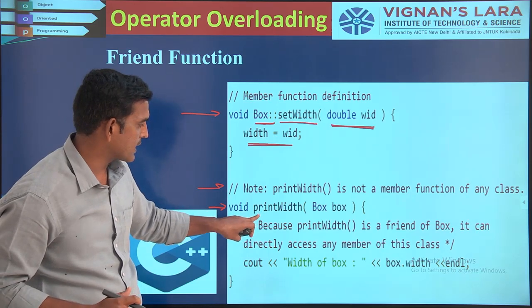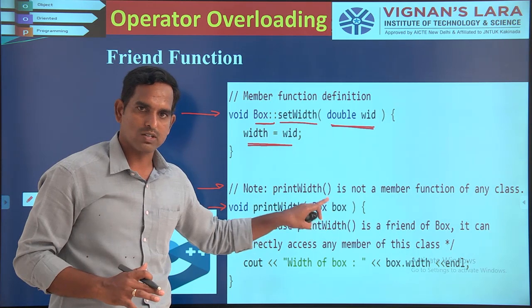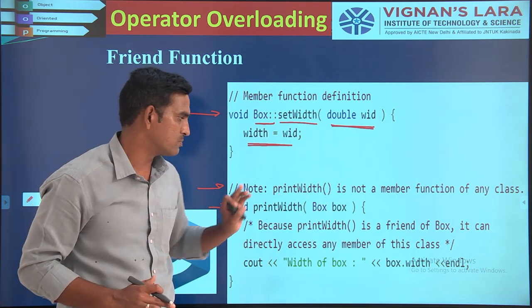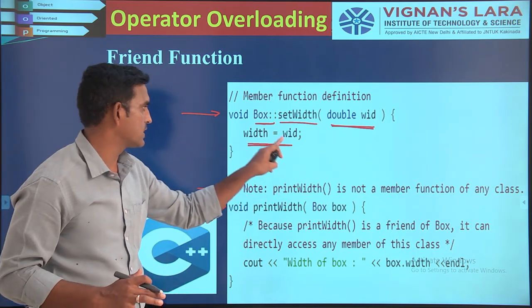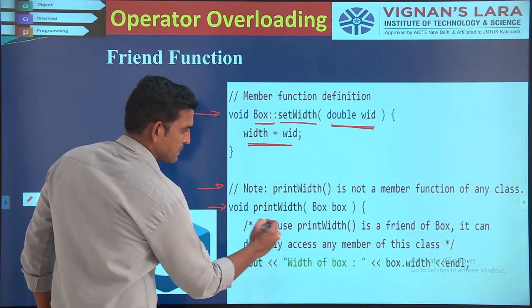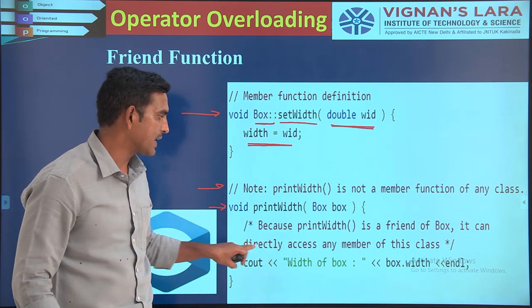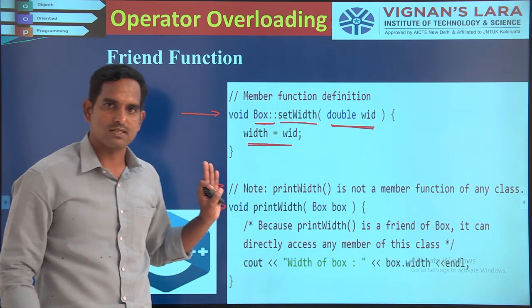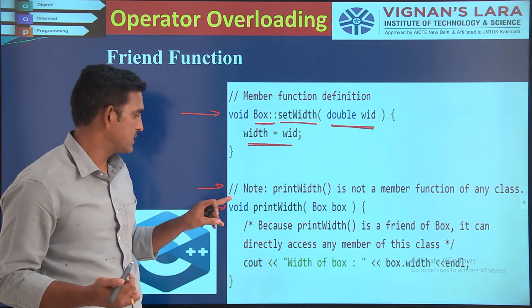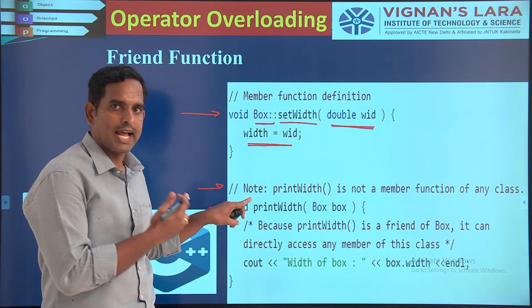So you directly write printWidth, and inside that you pass one Box object. The Box object will contain your width value. Because printWidth is a friend function of Box, it can directly access any member of the class. That is the rule of a friend function: it can access any member.